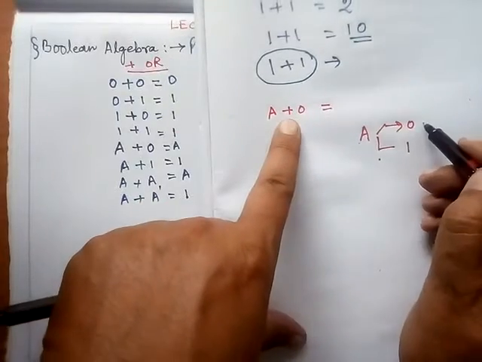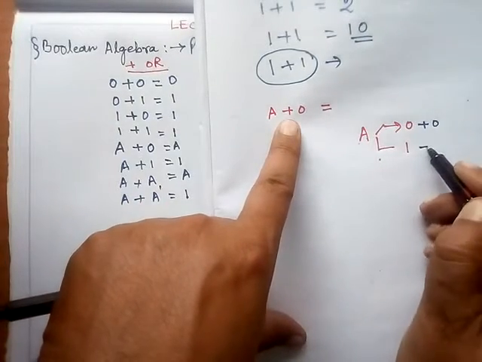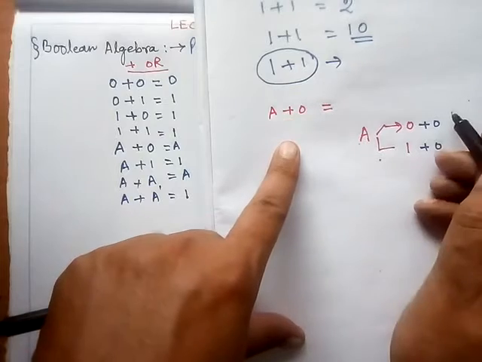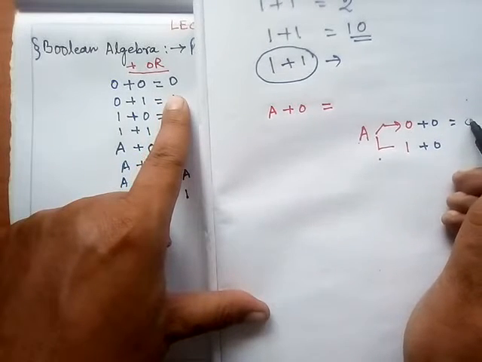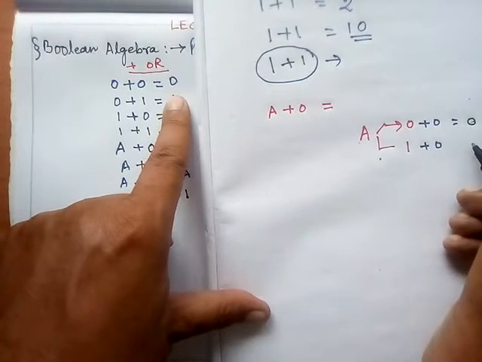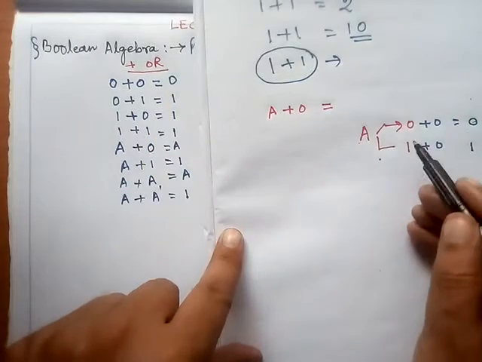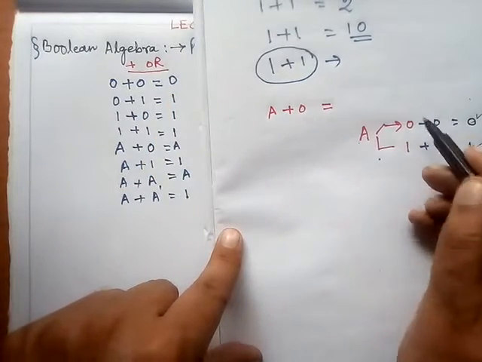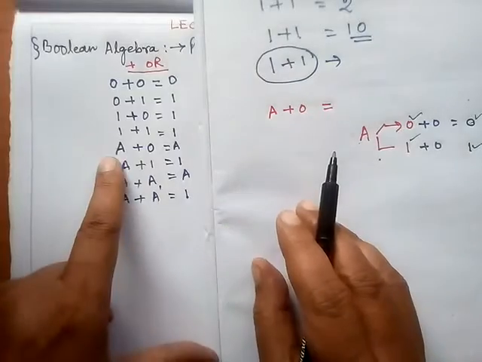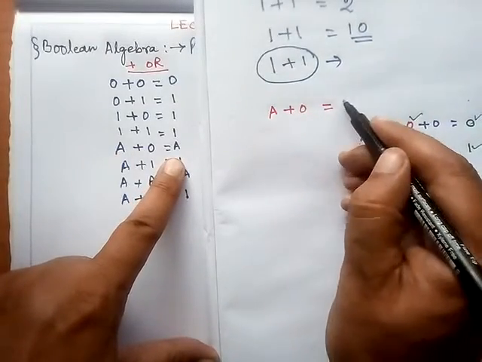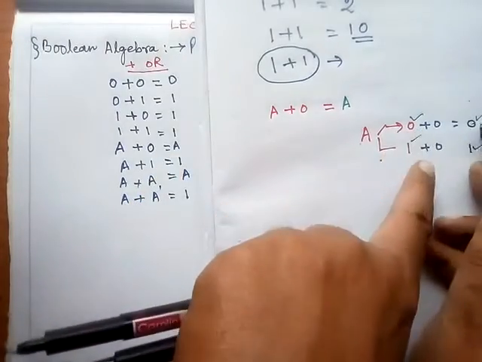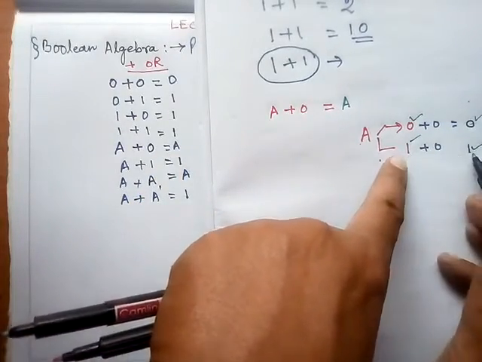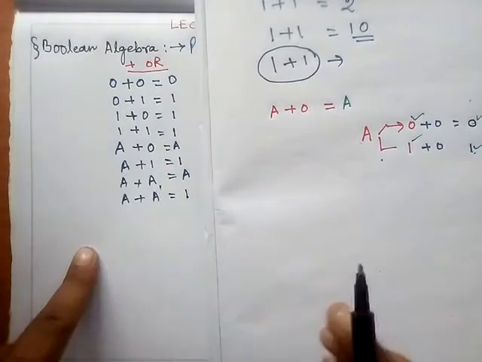A plus 0 means I am interested in 0 plus 0 or 1 plus 0. 0 plus 0 is equal to 0, and 1 plus 0 is equal to 1. So the result is equal to the value of A. When A is 0, the result is 0. When A is 1, the result is 1. So A plus 0 is equal to A.